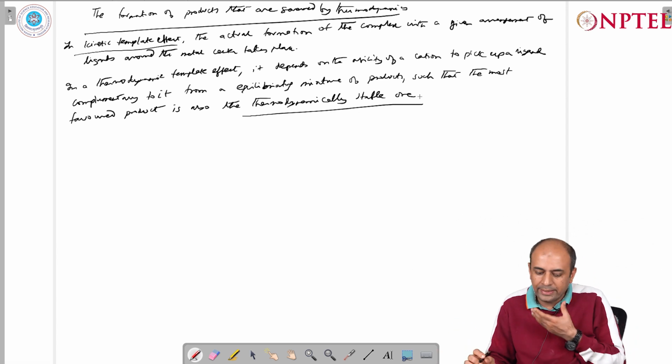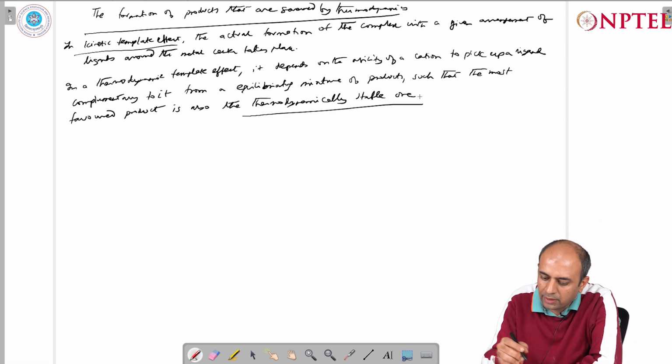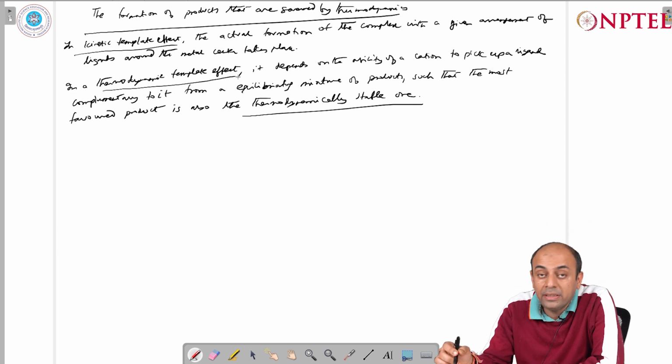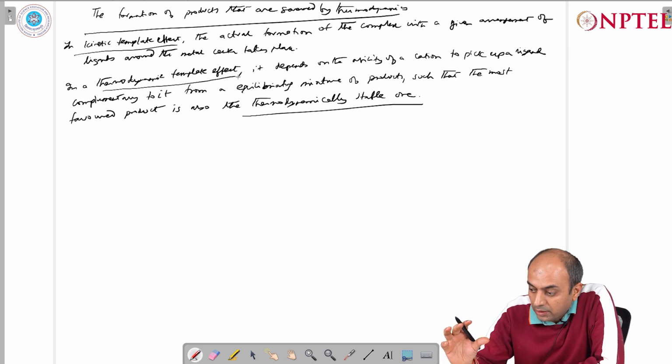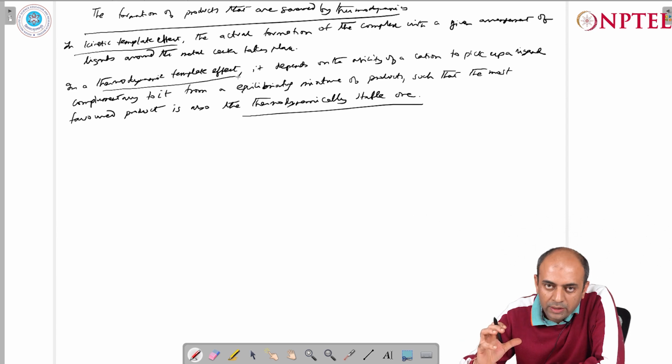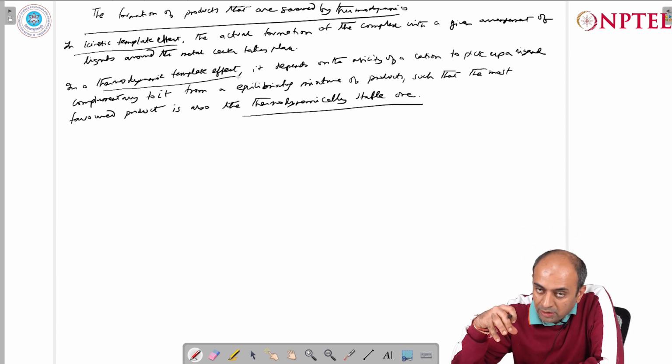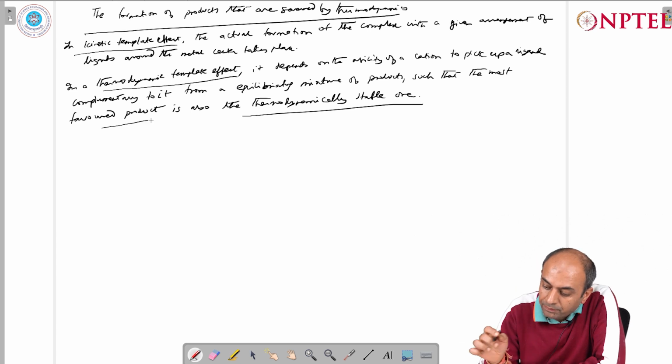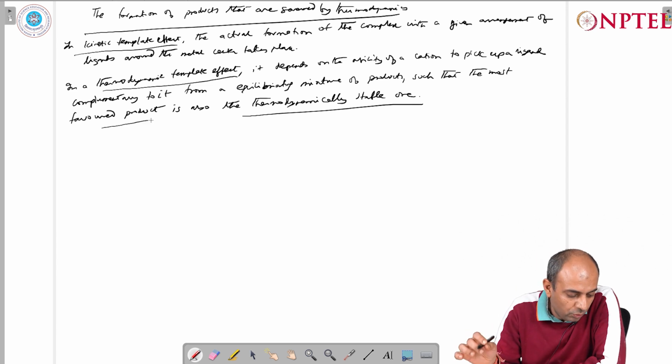So, we looked at the kinetic template effect, and we now look at a thermodynamic template effect, which depends on the ability of a cation to pick up a specific ligand that is complementary to it from a mixture of products which are in equilibrium with each other, such that the final obtained product is also the thermodynamically most stable one.